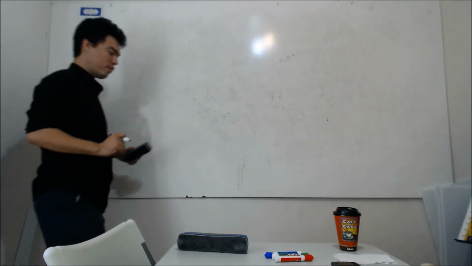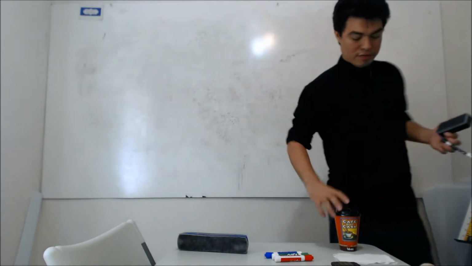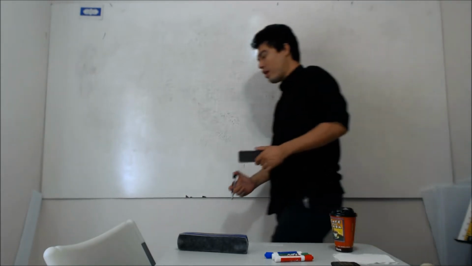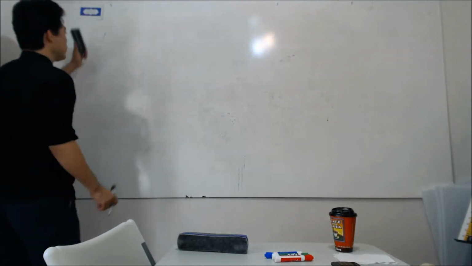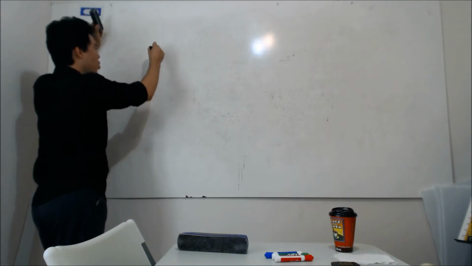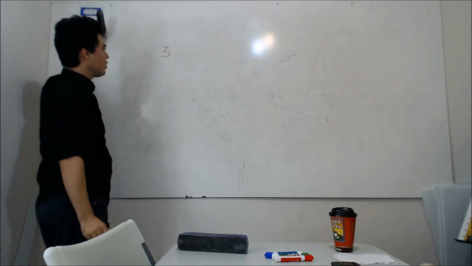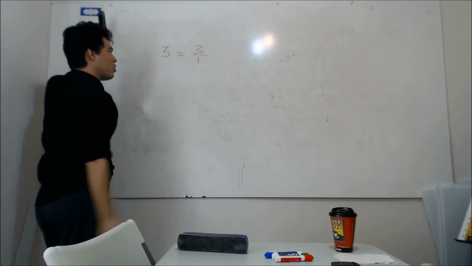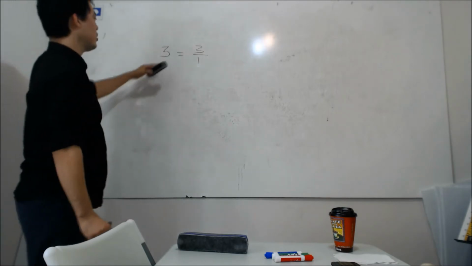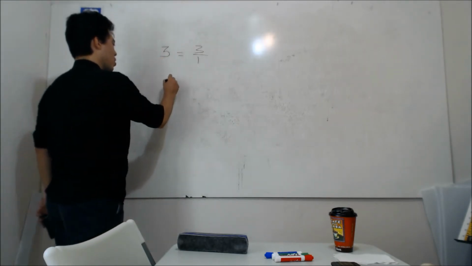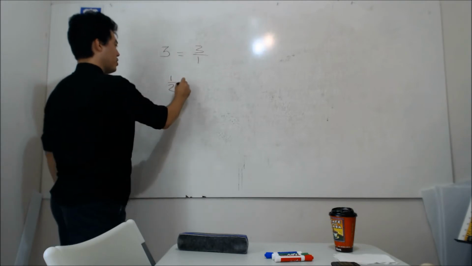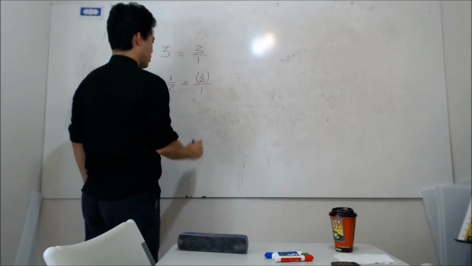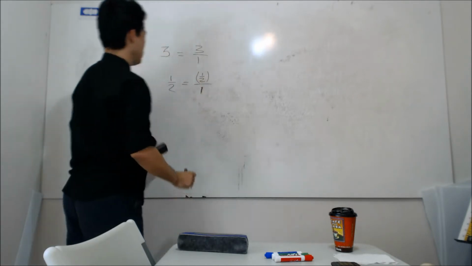Now, there's another thing I want to point out here. There's two things I need to point out first, now that we're about to talk about division of fractions. The first thing I want to point out is that any whole number, let's say 3, is equal to 3/1. This is true not just for numbers like this, but for instance, 1/2 is also equal to 1/2 divided by 1.